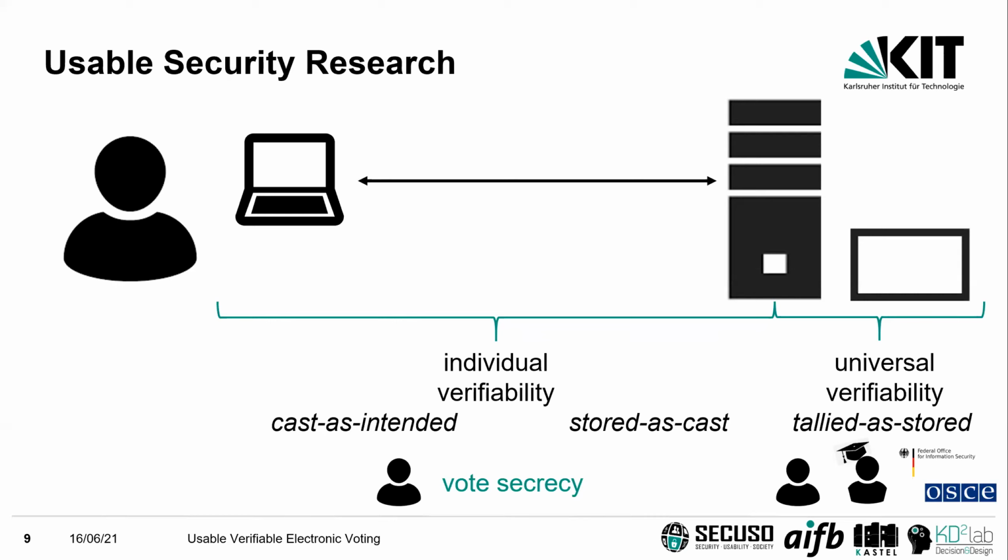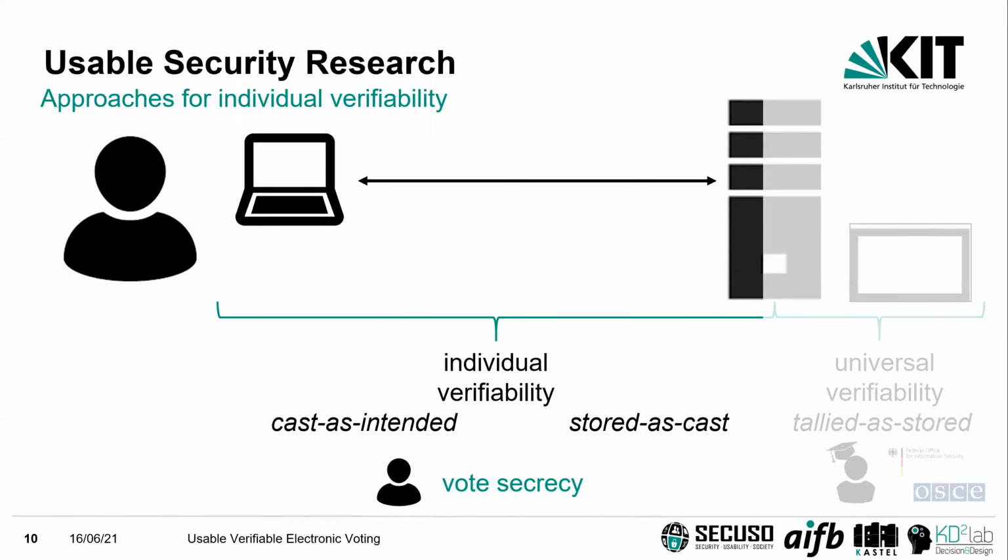And actually, if you look into individual and universal verifiability, yes, voters can conduct universal verifiability, but they don't have to, because you can ask experts or trusted institutions like the OSCE. However, there's one step at least, which is cast as intended, one step of the individual verifiability, which the voter has to conduct, because otherwise vote secrecy would be broken.